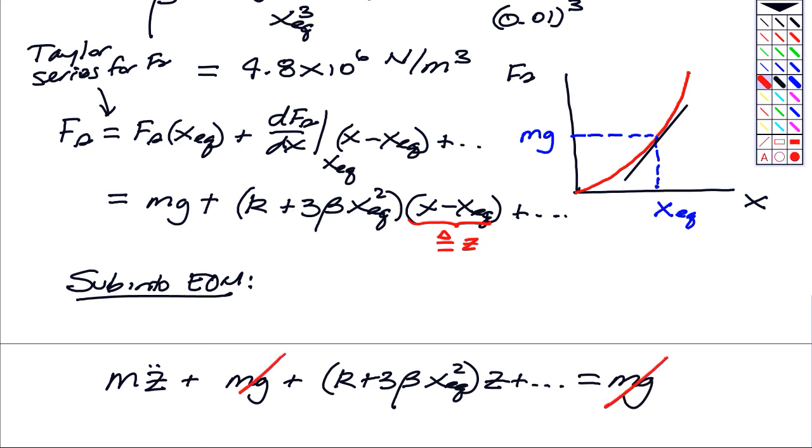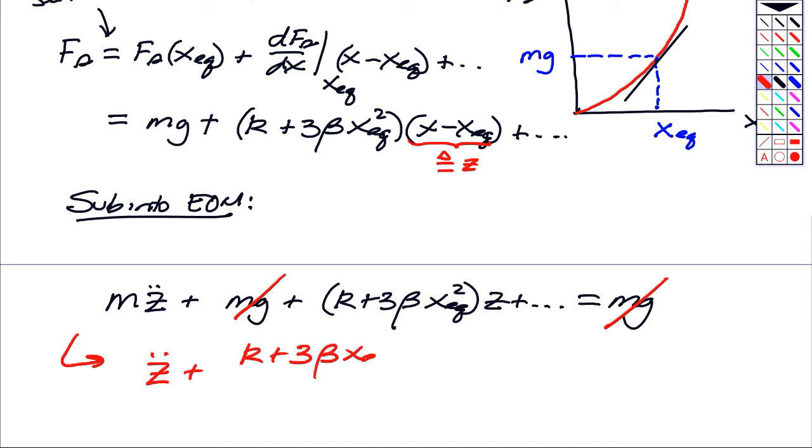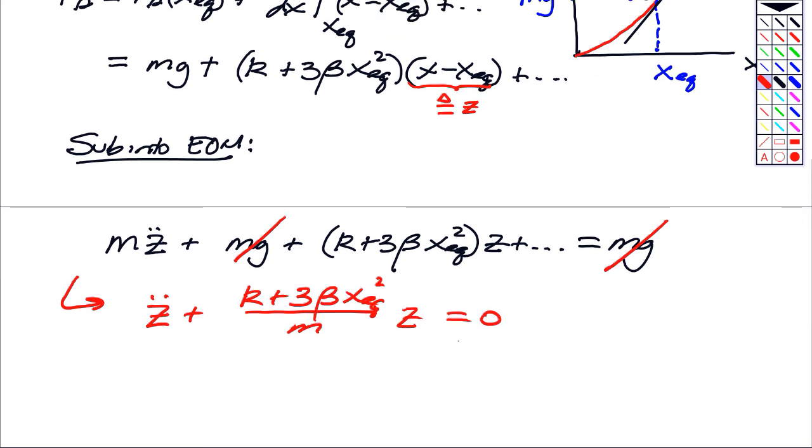The weight terms cancel out. If I divide through by m, I get z double dot plus k plus 3 beta xeq squared divided by m times z is 0. So this is the linearized equation of motion. The linearization was done about the equilibrium state.